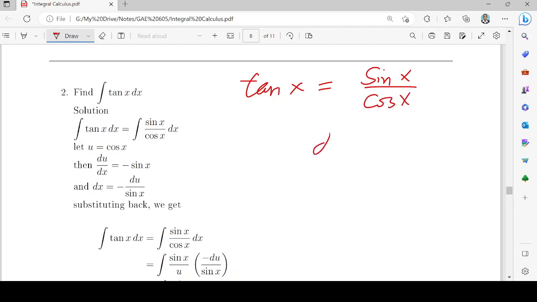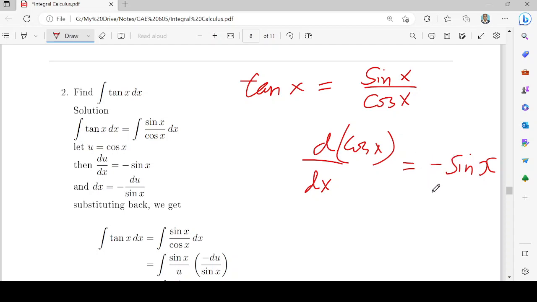We also see that if we differentiate cosine of x with respect to x, we get minus sine of x, so that the numerator in this expression can be seen to be a scalar multiple of the derivative of the denominator. It is just the derivative of the denominator times minus 1, because the derivative of cosine of x is negative sine of x.